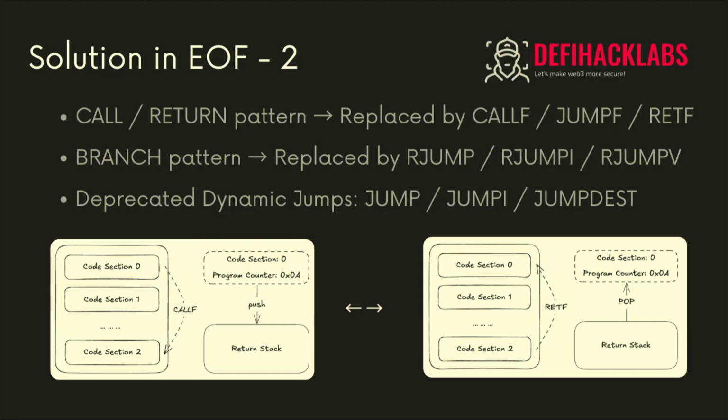And the return address will be pushed onto the return stack. And when you do the return, the EVM will pop an item off the return stack and then jump back to the specific code section. So the function boundary problem is solved in EOF by these three operations.